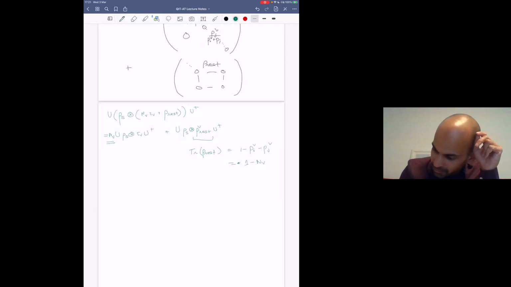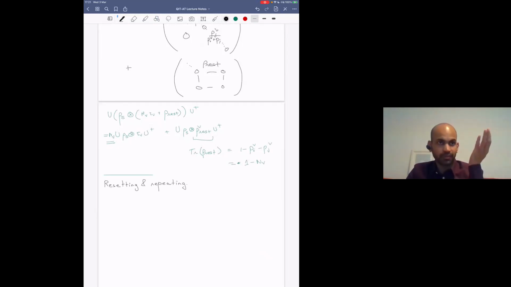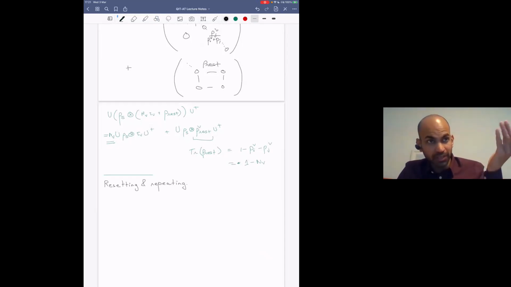Okay, so now this is useful, but we are going to continue with something even more powerful, which is resetting and repeating, which is the following. The unitary that I just did, which is a swap operation, has the property that if you do it 2 times, you end up going back to the state that you originally had.